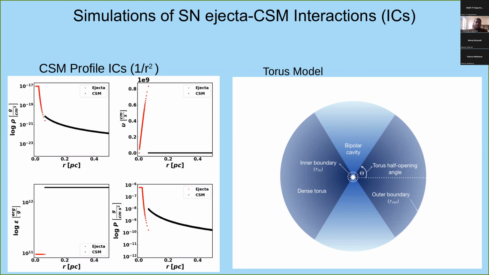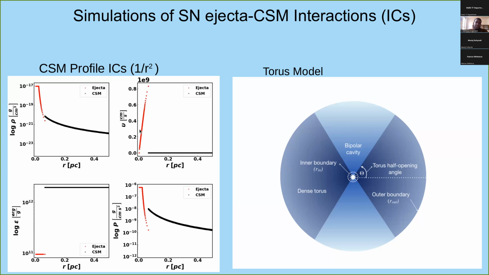So the further you are from the internal boundary of the circumstellar material, the less density you will encounter. So you can see that in here, where you start off with a higher density and then you drop with a 1/r² profile.